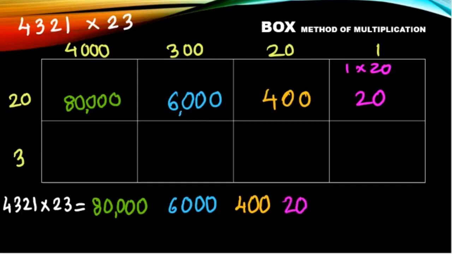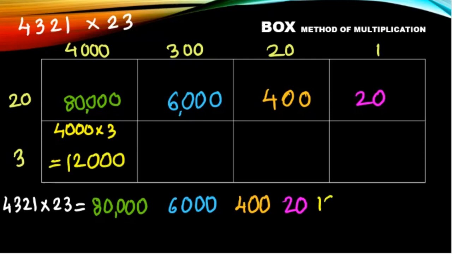So that means 20. So write down 20 again down. Now we will start second row, and in second row first column we got 4000 into 3 and the answer is 12,000. We have written again down.